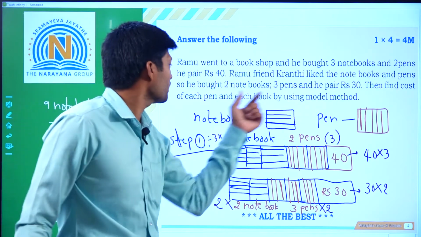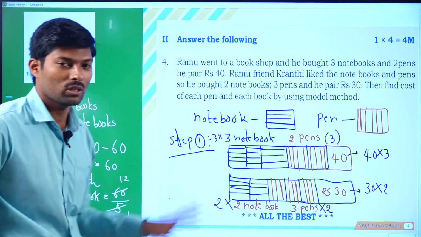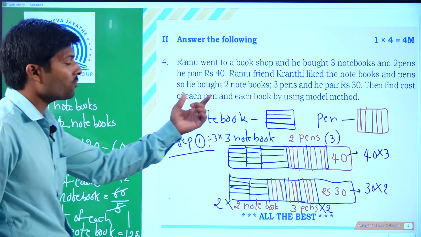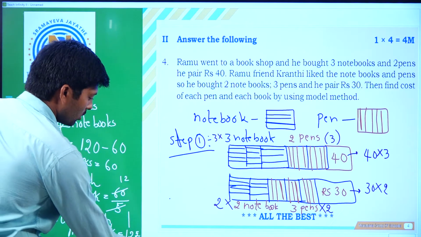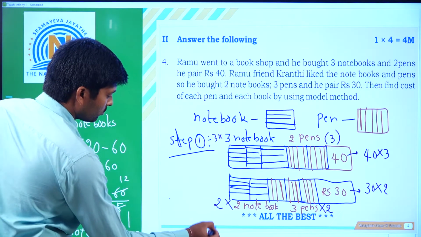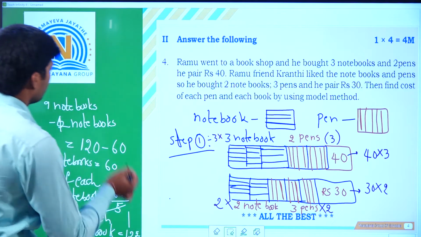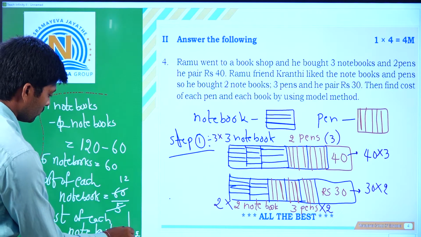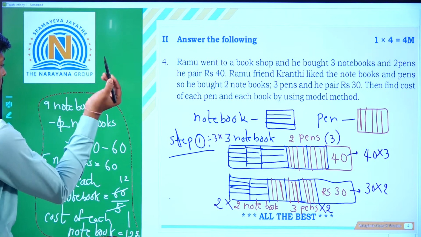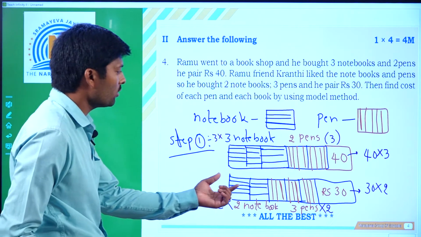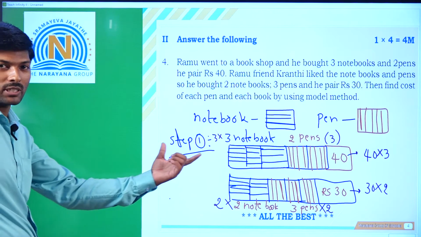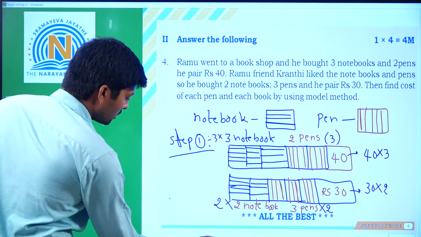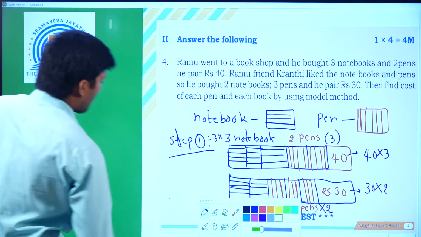Then we find the cost of each pen. Now, after that we need to find the cost of a pen. If you want to find the cost of a pen, we have to use the cost of each notebook, which is 12 rupees.